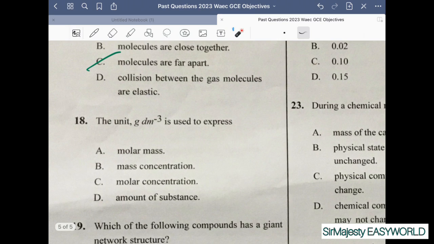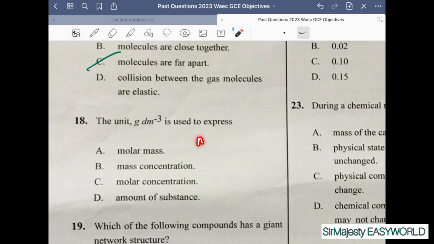Number 18 says the unit gram per dm cube is used to express... this is funny, they just want to dash you this mark. Gram per dm cube is used to express mass concentration. This gram is for mass, but if you see mole, you talk about molar concentration, that's molarity. So we will discuss the two concentrations, or three.